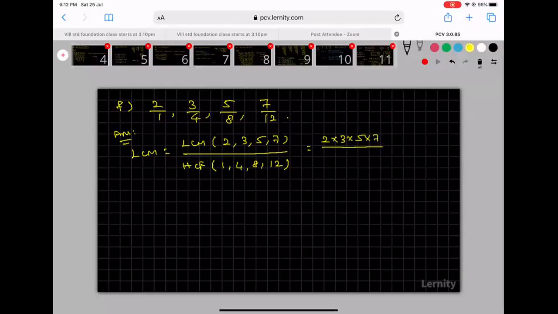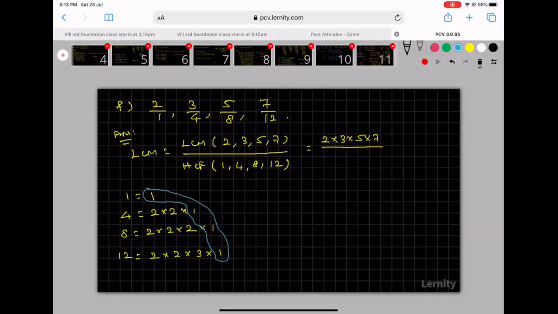For the denominator I want to find the HCF. 1 I can write as 1, 4 as 2 into 2, 8 as 2 into 2 into 2, and 12 as 2 into 2 into 3 into 1. Now the HCF of 1 comma 4 comma 8 comma 12 is 1, the only thing common.